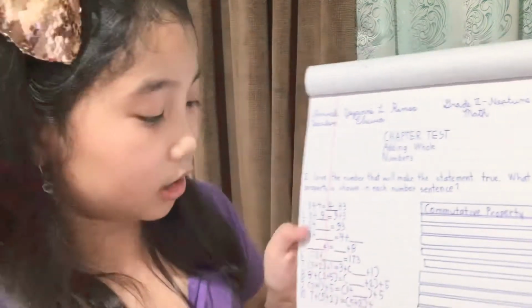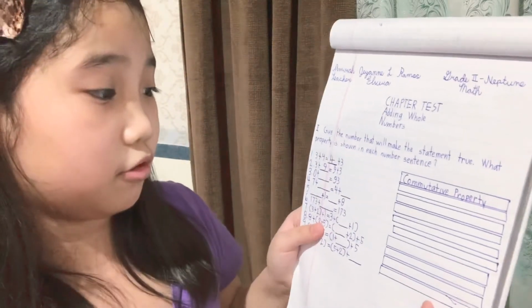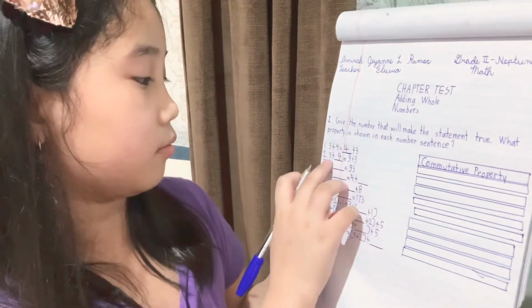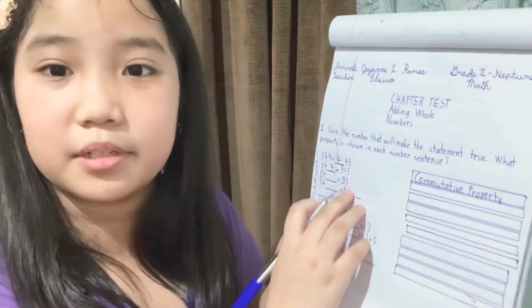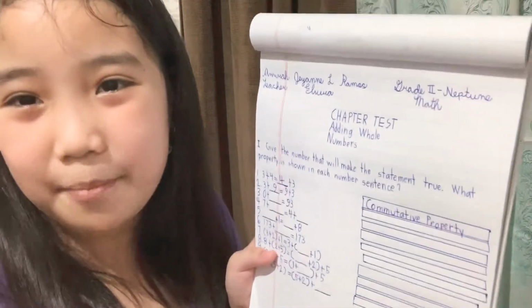Okay, now I already write the number 9. So, what do you think will be the property of this 3 plus 9 equals 9 plus 3? You are correct again. It is commutative property.